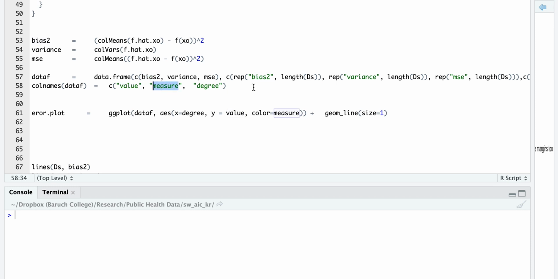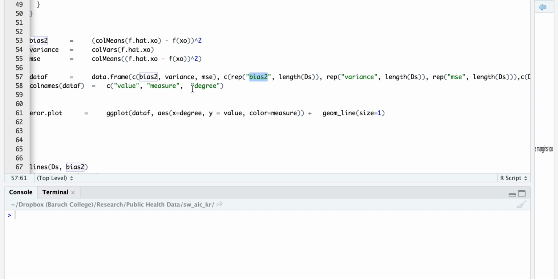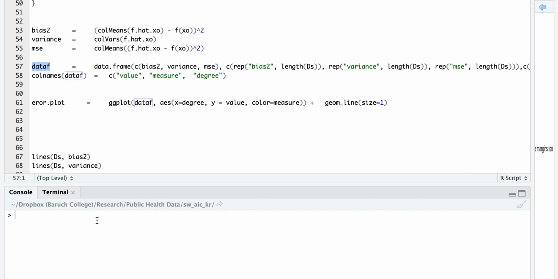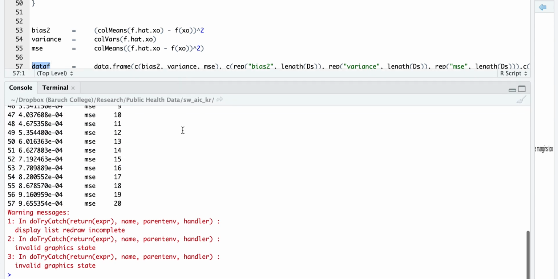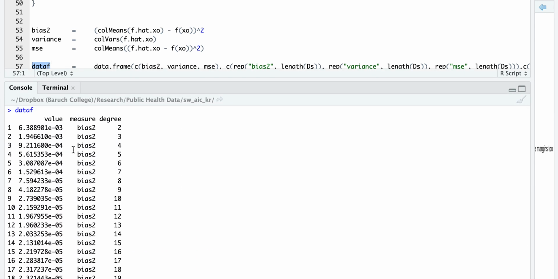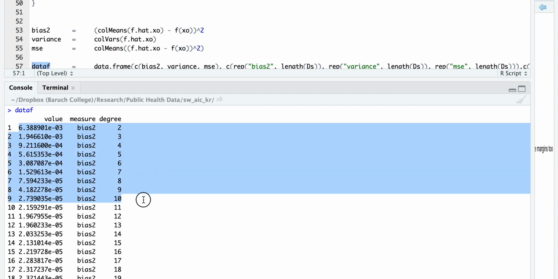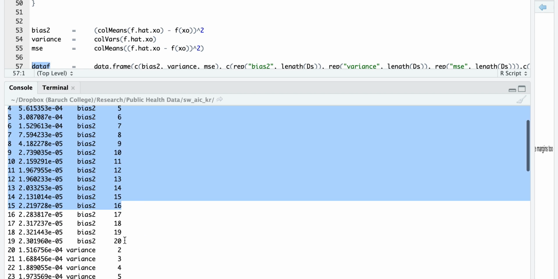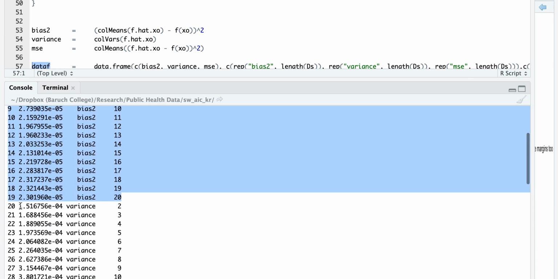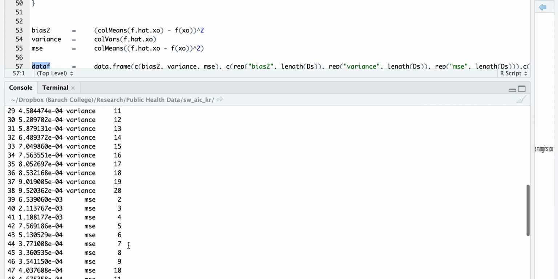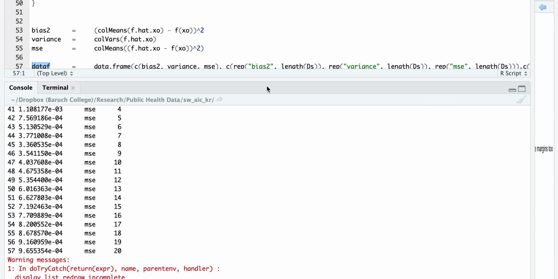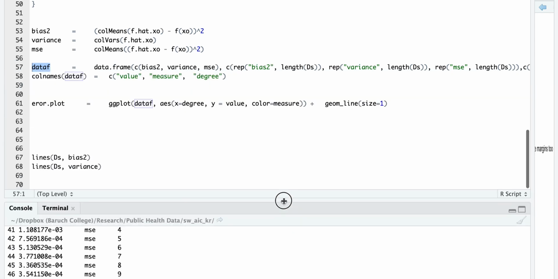Then the second column is the measure, and the third column is the degree. If you look at the data frame we have, it's very nice. You have the value, and we know what it refers to: the bias squared, degree 2. Then we go from degree 2 to degree 20, and then we have the variance from degree 2 to degree 20, and then the mean squared error from 2 to 20. This is one way of putting everything in a data frame.